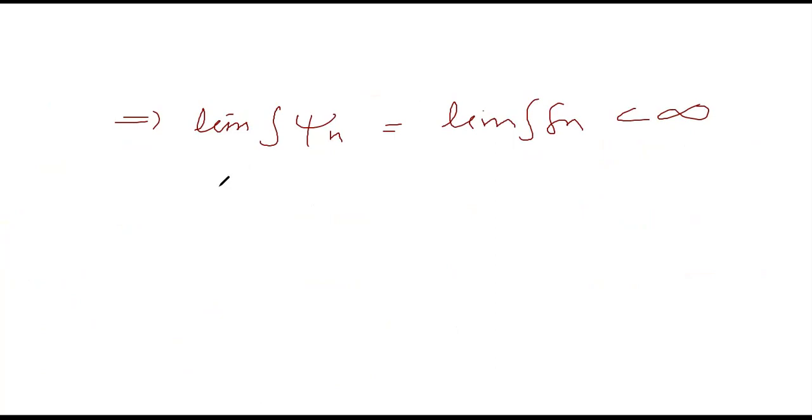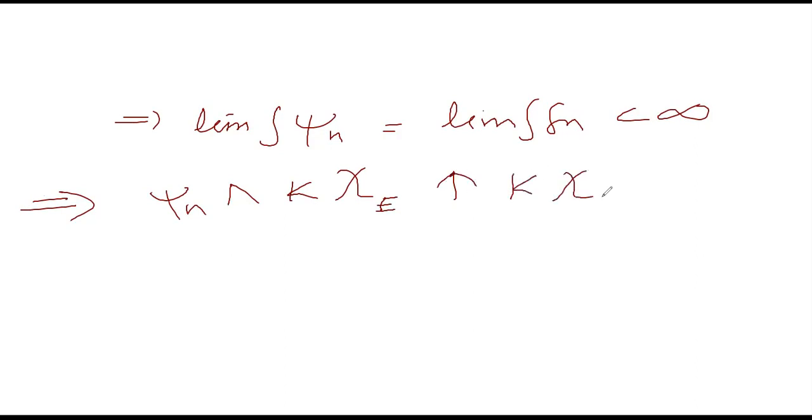So this also gives psi_n meet k times the characteristic function of E, which will increase to k times chi of E. You can easily verify this.